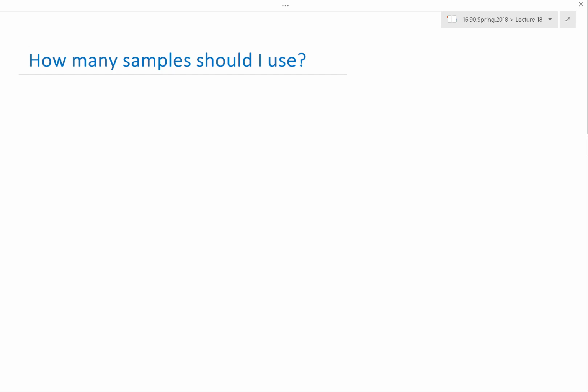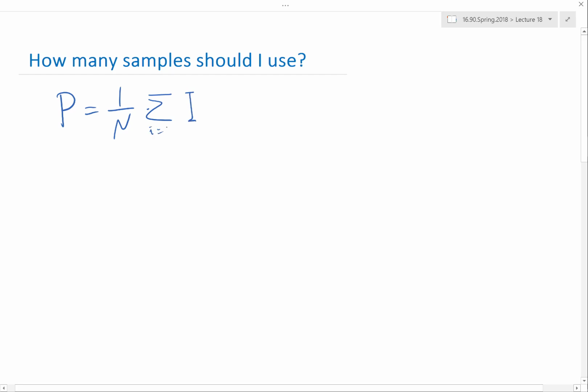So my answer random variable, let's say P, is equal to the mean, which is 1 over n times the summation of an indicator random variable, i goes from 1 to n, of xi square plus yi square greater than 1.99.